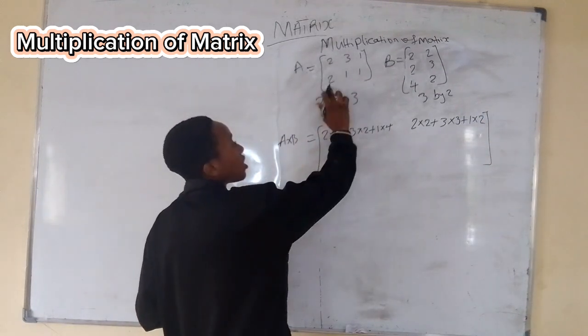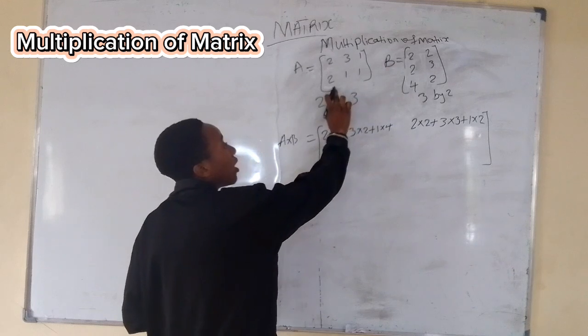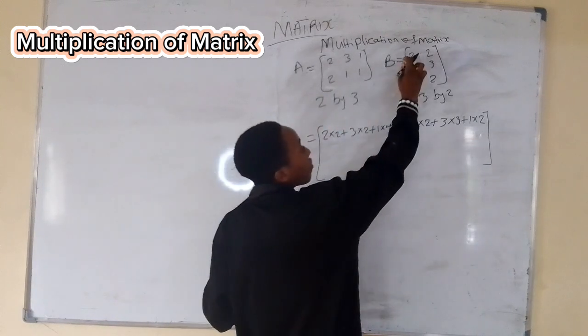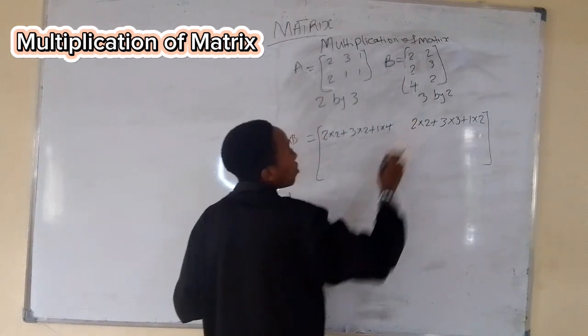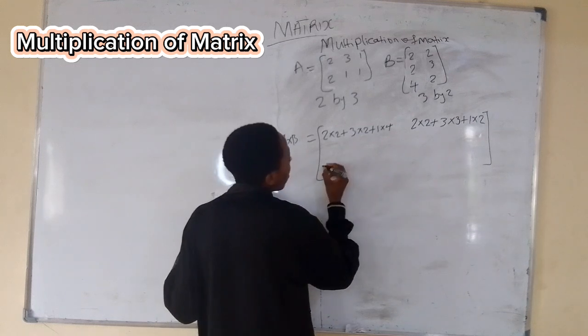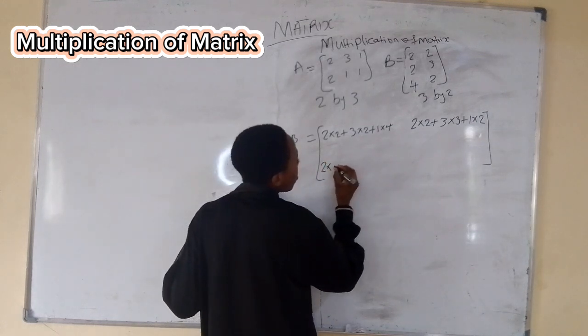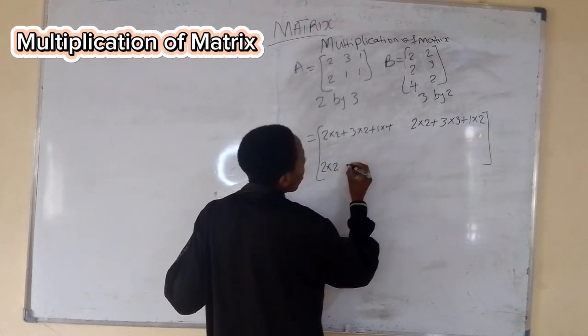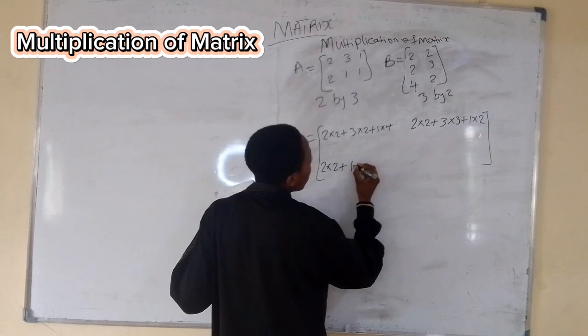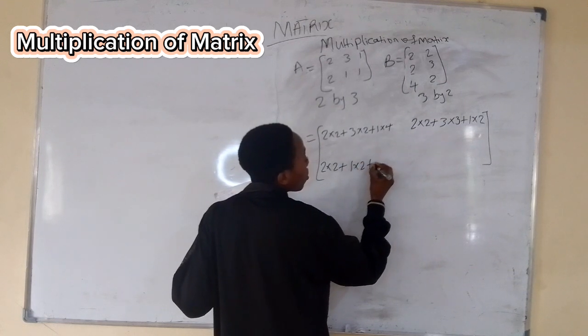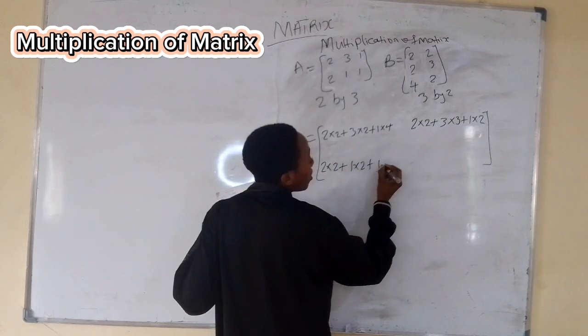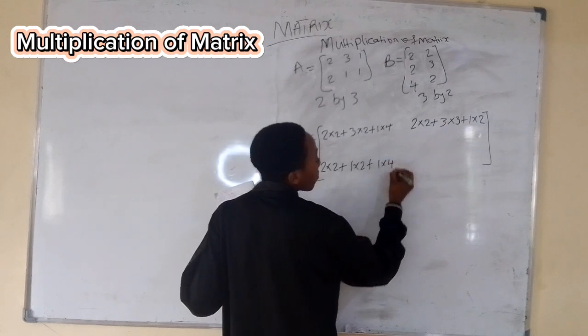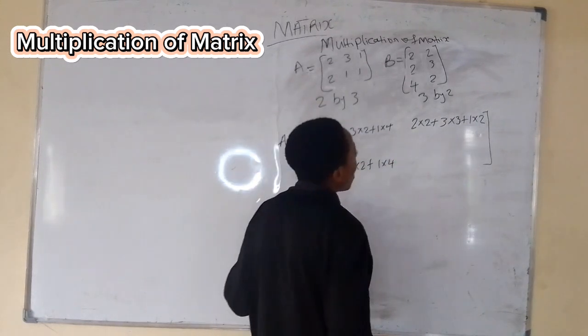Now you come to your second row and use it to multiply your first column and then your second column. So we have 2 times 2 plus 1 times 2 plus 1 times 4. Come to the other side.